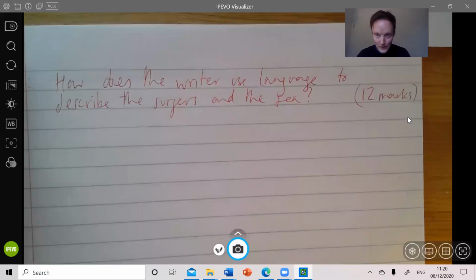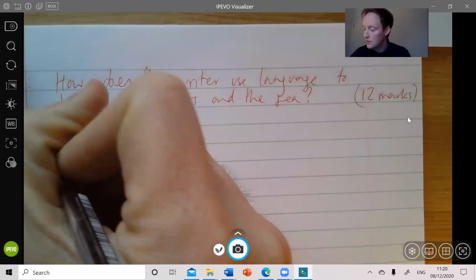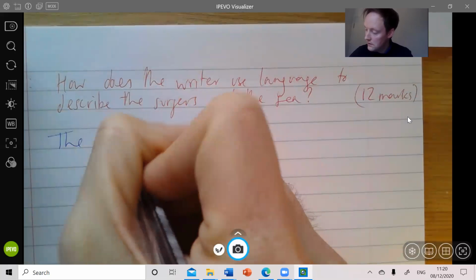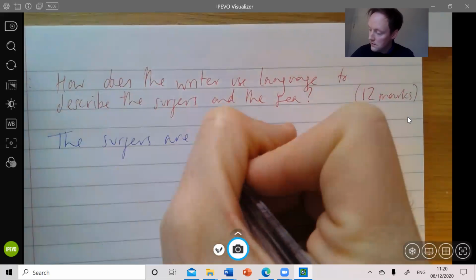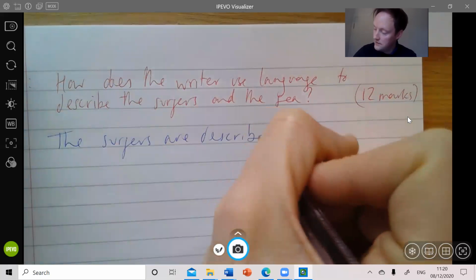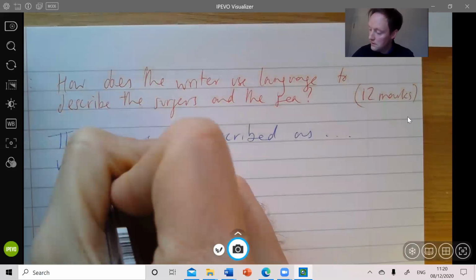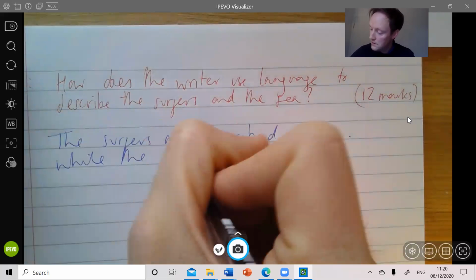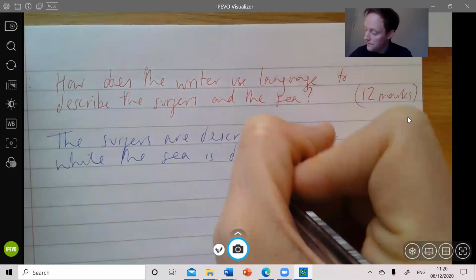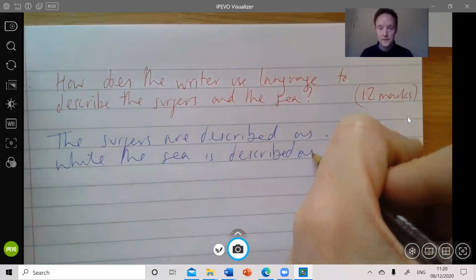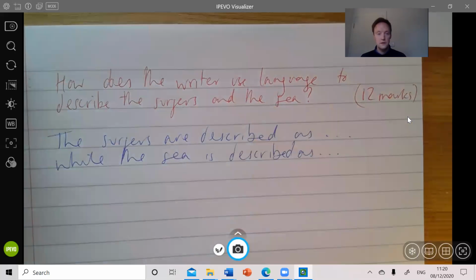So even without reading it yet, one can say something like this. The surfers are described as, while the sea is described as.